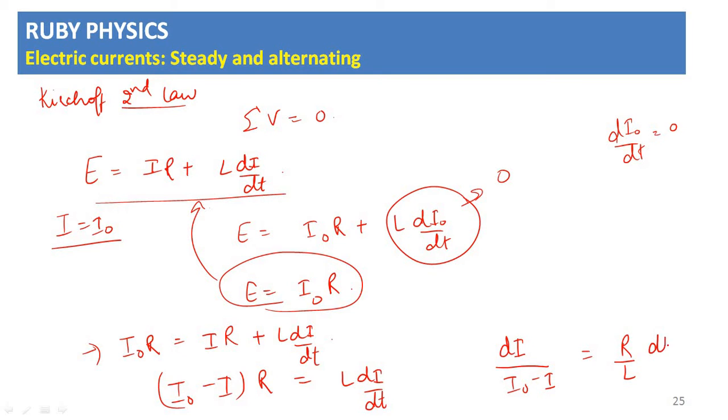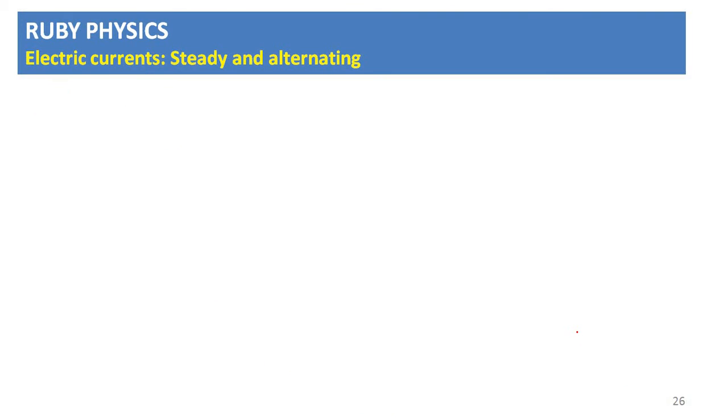Now what you have to do is integrate this equation. This is di upon I naught minus I, and on the right side it is R upon L dt.